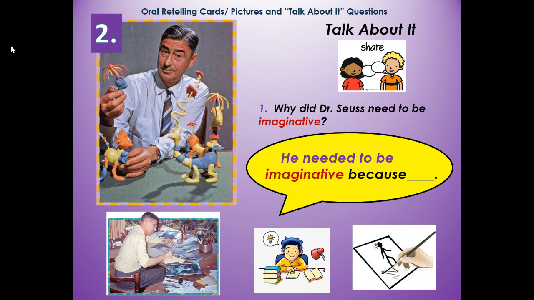Well, he needed to be imaginative because he drew pictures for a living and he wrote stories. And you need a good imagination to come up with funny characters and funny animals. And Dr. Seuss definitely came up with a lot of funny creatures, and he drew them and he wrote about them.